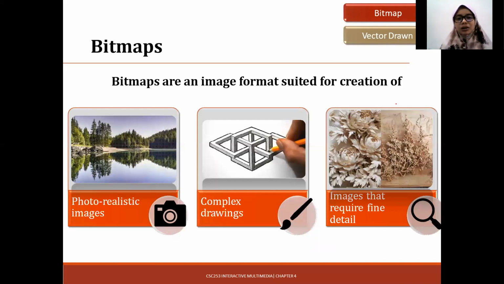So bitmaps are an image format suited for creation of photorealistic images, for example in this environment, making it look real, like the real thing. Also complex drawings, and images that require fine details, for example this flower, with very fine details like hair, or a portrait that you want to draw with very precise details.